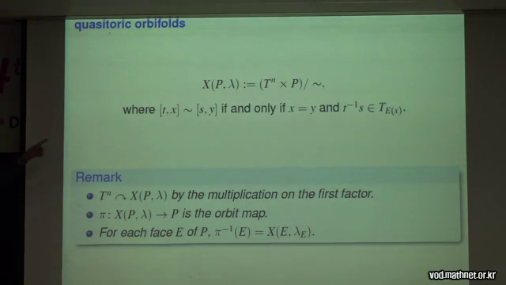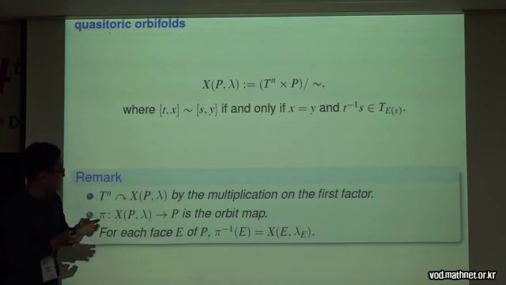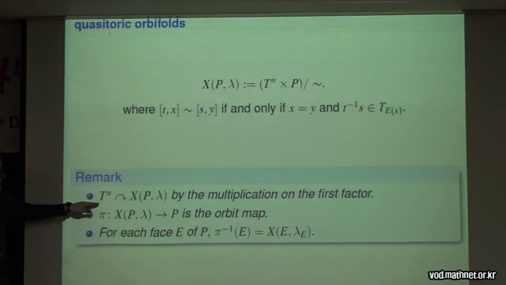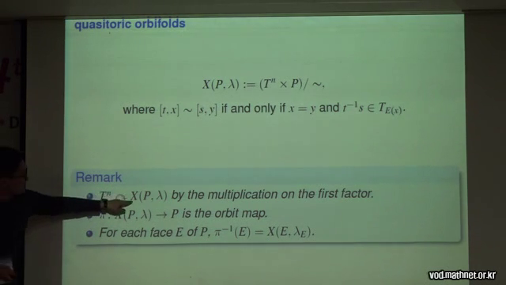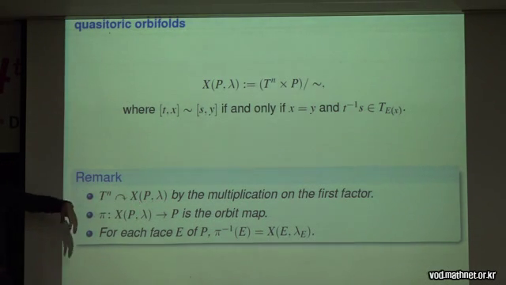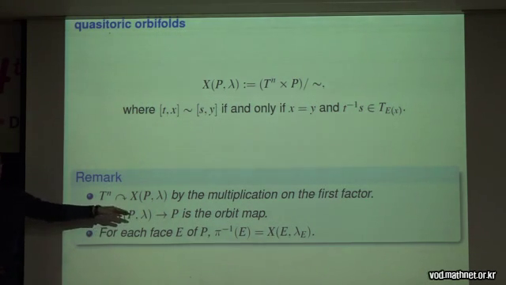But this construction has some benefit to see what is the inverse image of the orbit space. It is a little easier to compute, because this Tn acts on this toric orbifold by the product multiplication on the first vector, and then the orbit map of this action is just the second projection.